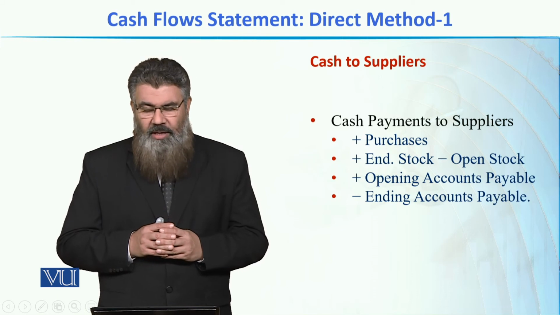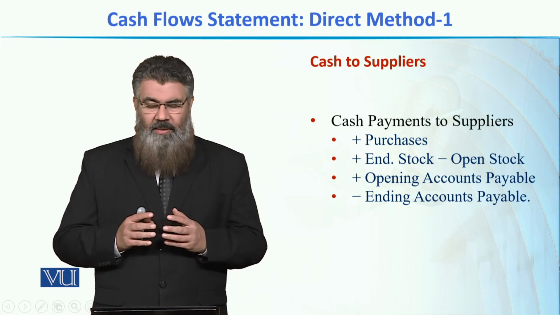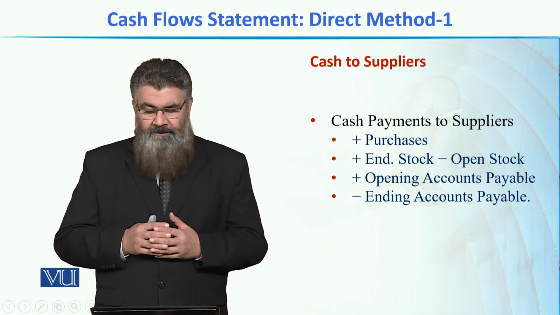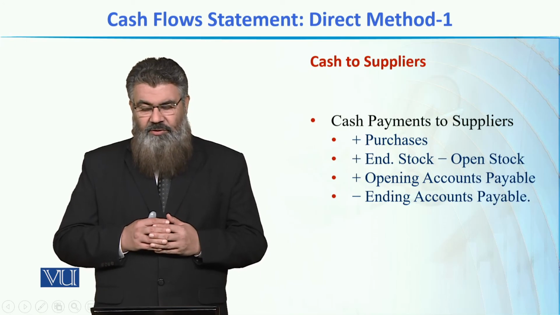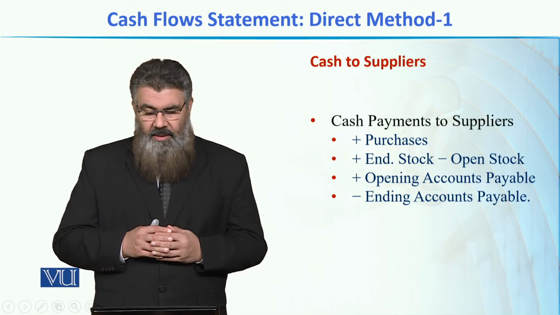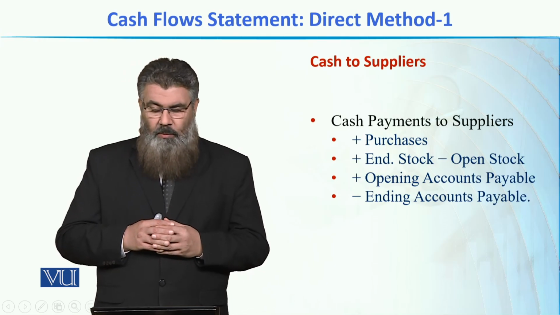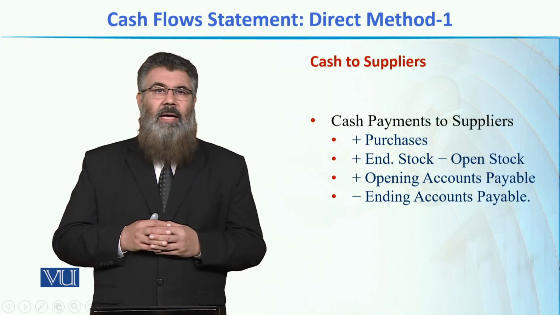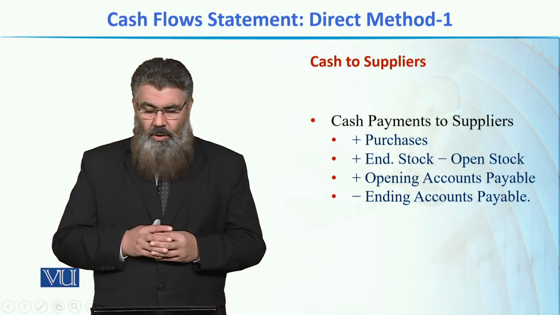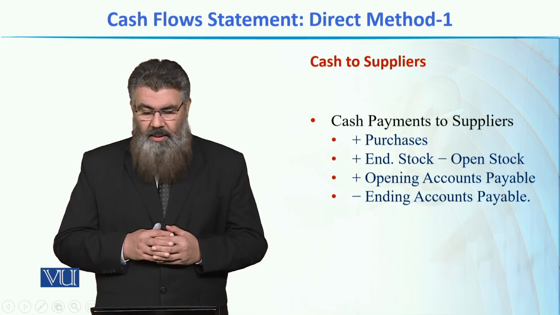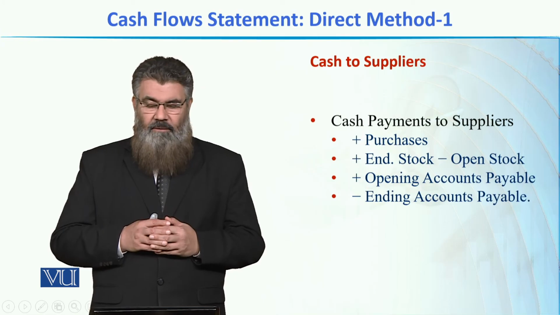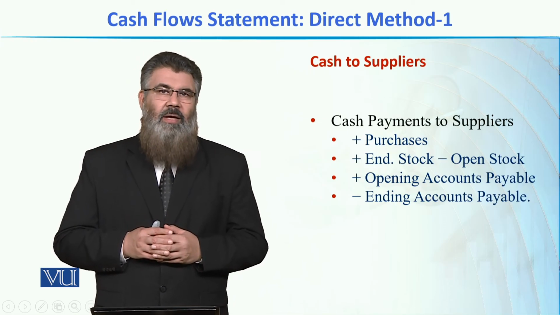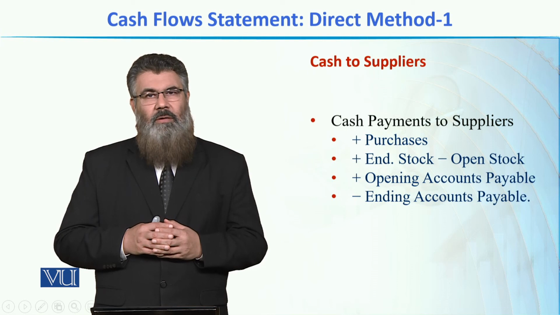How we calculate the amount of cash that is paid to suppliers is by applying this formula, and that is considering purchases, adding the amount of opening balance of accounts payable and subtracting the closing amount of accounts payable. In addition to that, we also add the difference of inventory at the end of the year.